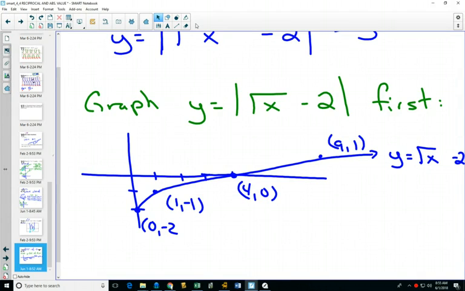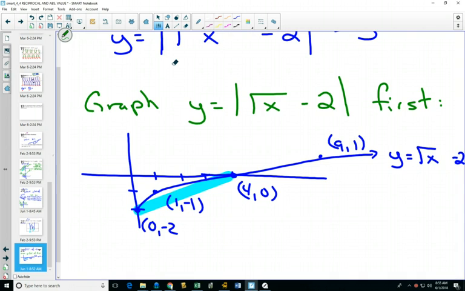Which part of this graph is negative? If I highlight the part that's negative, that would be this section. On the same graph, I'm going to graph the absolute value of the square root of x minus 2.